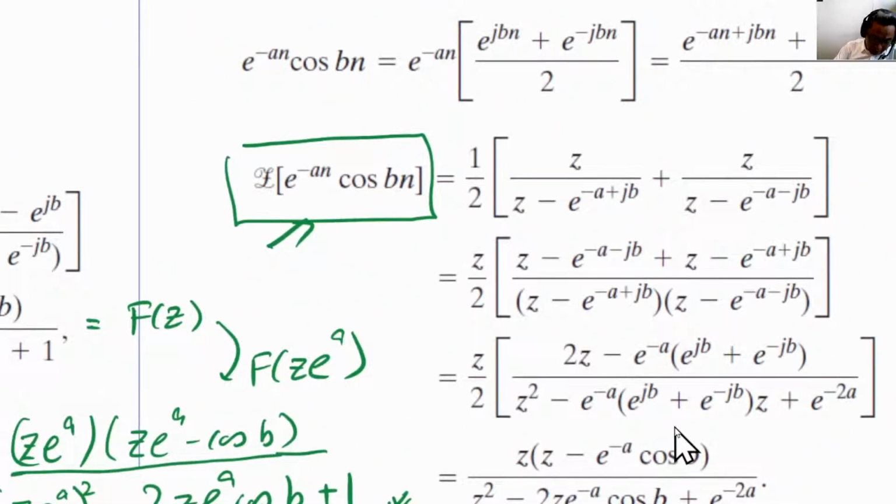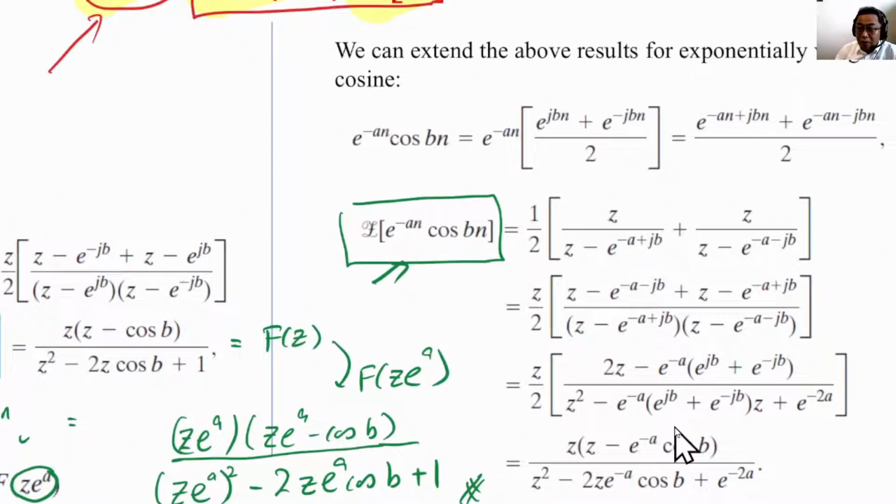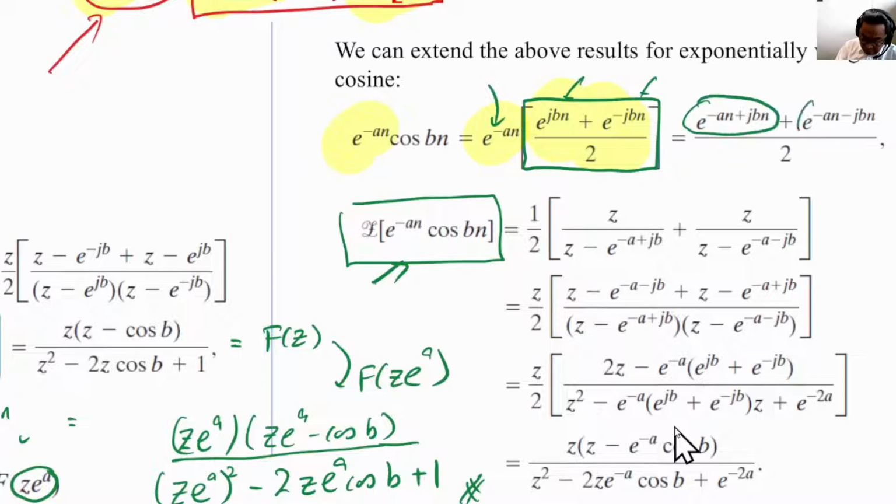Again, we use Euler's identity to represent the cosine. This is Euler's identity. We are going to use e^(-an) multiplied by cosine(bn), so we put the e^(-an) in front. We can distribute e^(-an) into the cosine, and we get this expression over here.